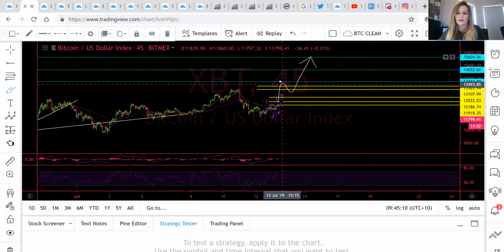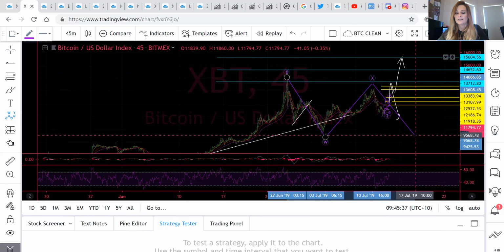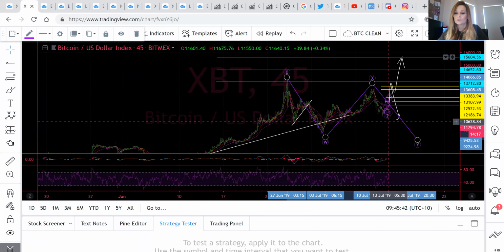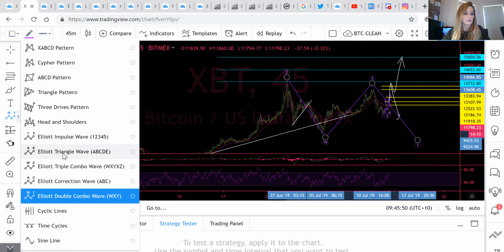So our WXY, which is the third pattern. If we go here, we've got WXY coming down here. That will come down and retest that long-term support. It could also be a 3 or a 5 here. We could have a 3 wave, which has currently not invalidated as yet.